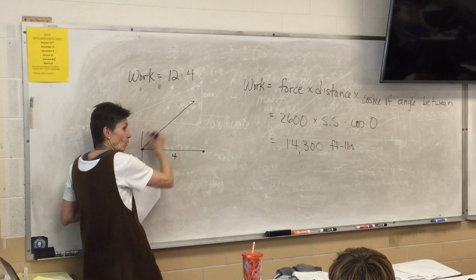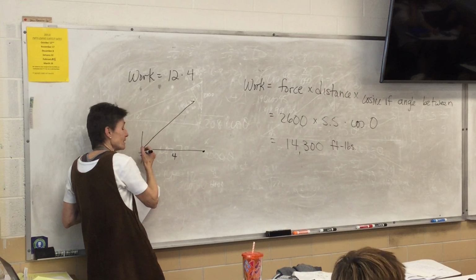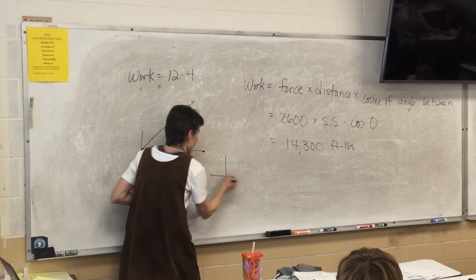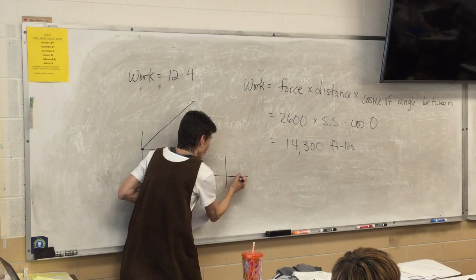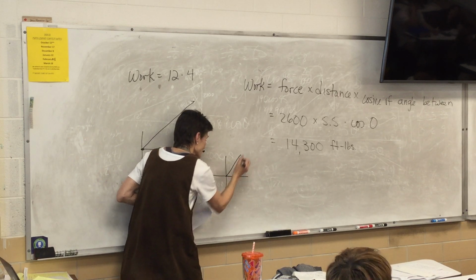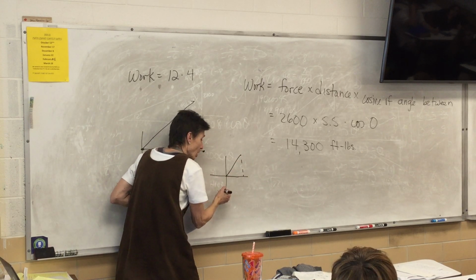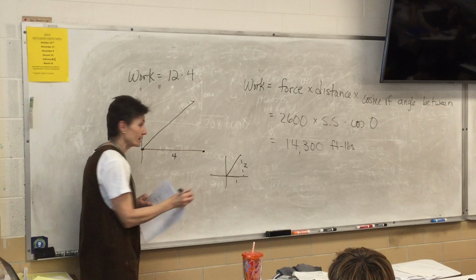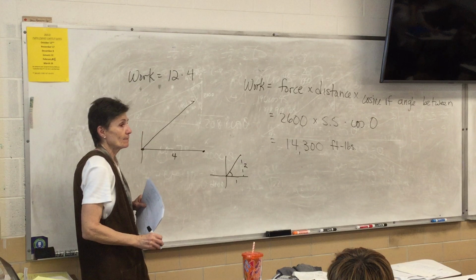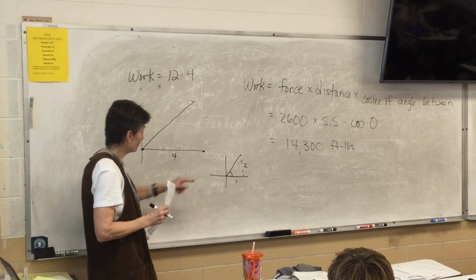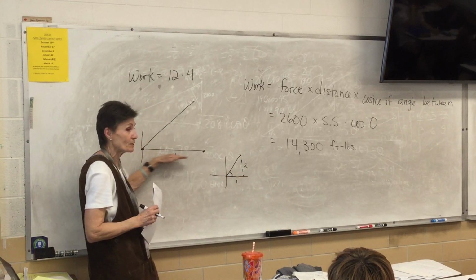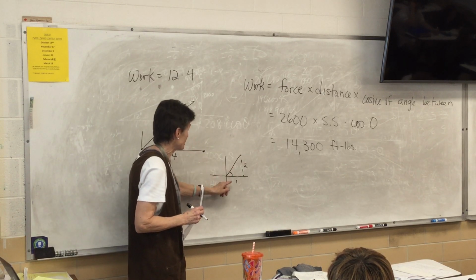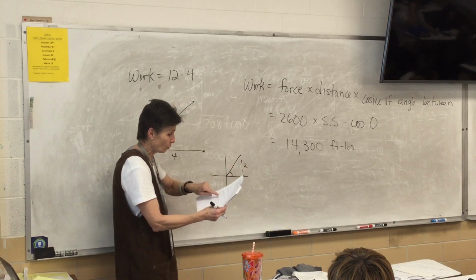So here's my force acting in the direction over 1, up 2. Now wait a minute. If I have a horizontal, and then I have this thing that has a slope of 2 over 1, can I find that angle? Can I find the angle between the horizontal, which is my distance, and the force, which is over 1, up 2, according to the problem?